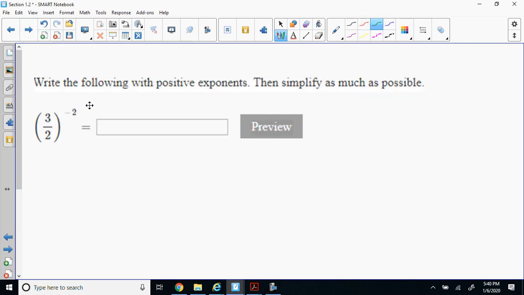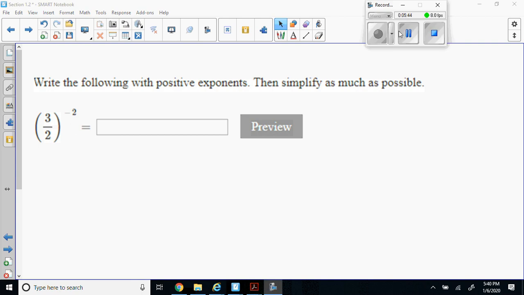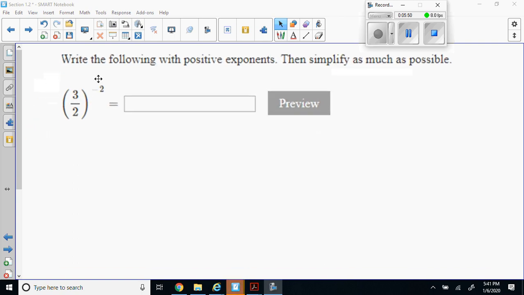What about this one? This one should be okay. Give me about 20 seconds. Hopefully the negative copied on yours. We're going to go ahead and do the reciprocal, right? Because that's -2 applied to that whole fraction, which is basically going to do this.